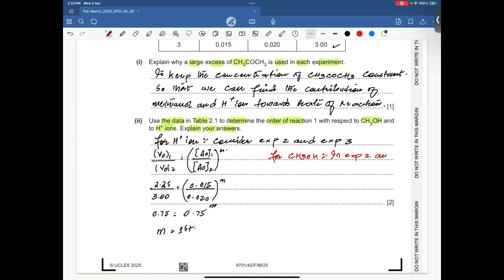In experiment 2 and 3, the concentration of methanol is constant while the rate of reaction changes.